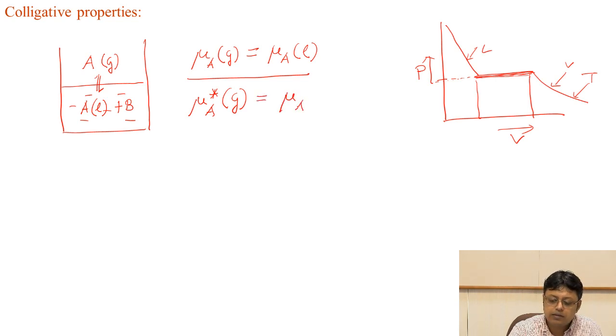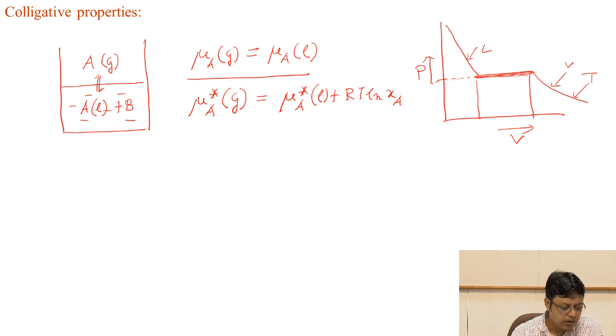But for the liquid phase, instead of mu A, we should write mu A star liquid plus RT ln XA. Now, because PA by PA star, or PA by P0, we approximated as XA.